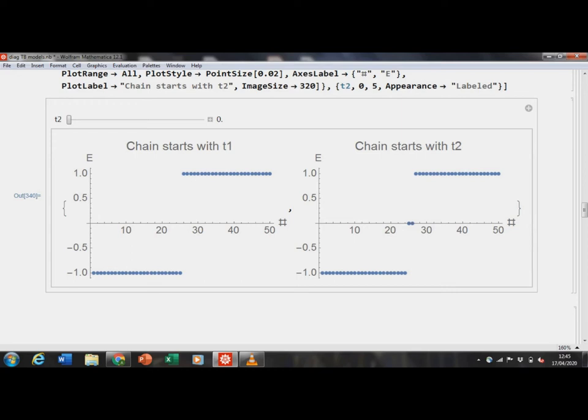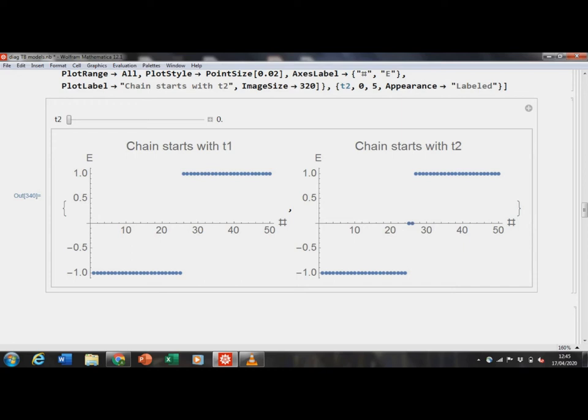The situation on the right-hand side is almost exactly the same, except for the situation at the end of the chain. At the end of the chain, because I start with a T2 bond and T2 is equal to 0, I just have an isolated, dangling orbital that's not coupled to anything, and therefore that has 0 energy because the epsilons are all 0.